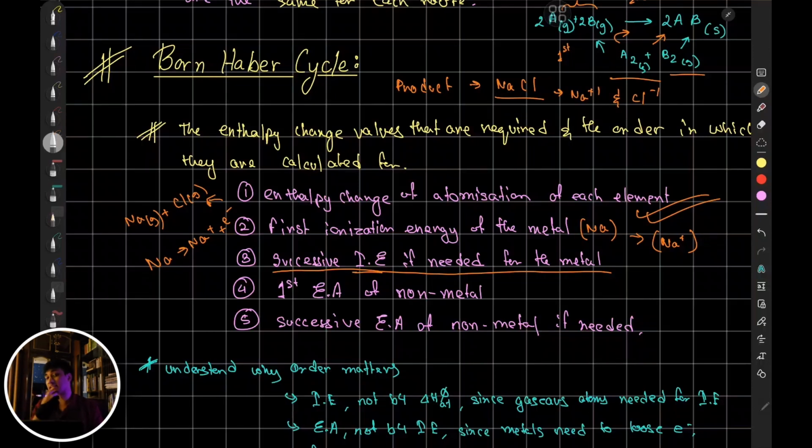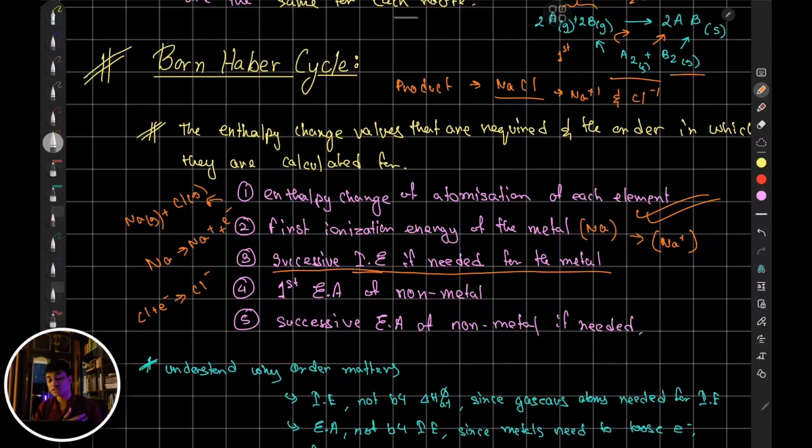Great. Next, as I've already mentioned, you can now work with the chlorine atom. Since you've already released an electron, now you can take that electron and put it along with the chlorine atom, form a bond, and it's going to become a chloride ion. So the chlorine atom plus e- gives you Cl-.